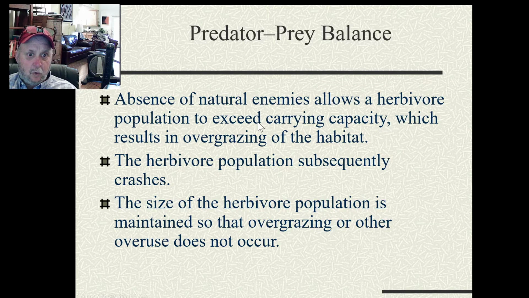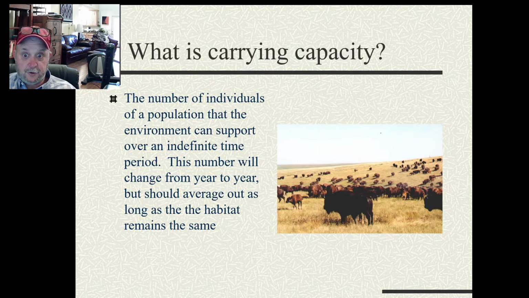Predators are important because they maintain that herbivore population from exceeding carrying capacity. And again, we don't want those crashes. The size of the population is maintained such that overuse does not occur, and that's what we hope predators are doing.